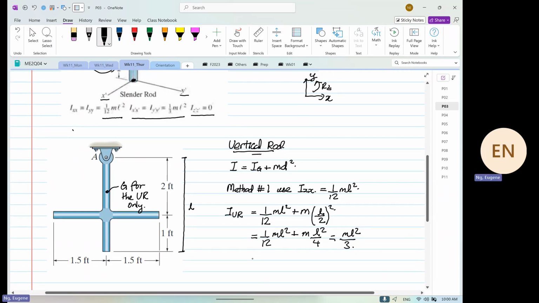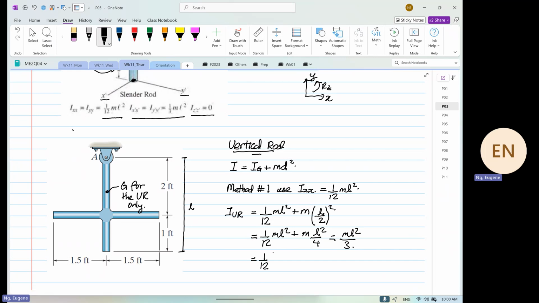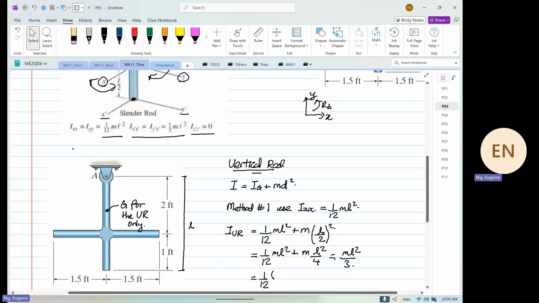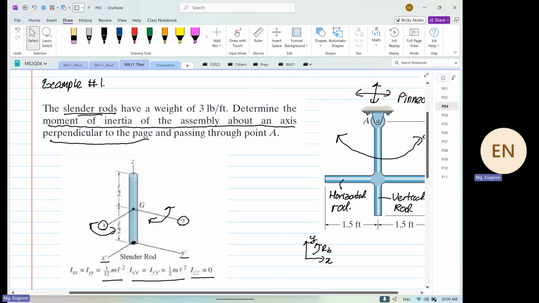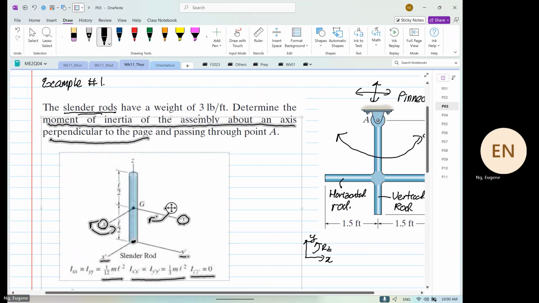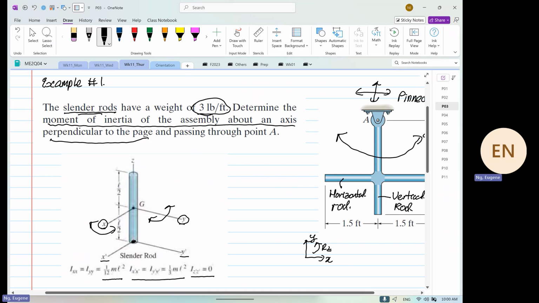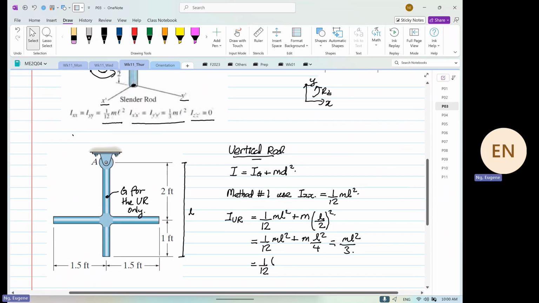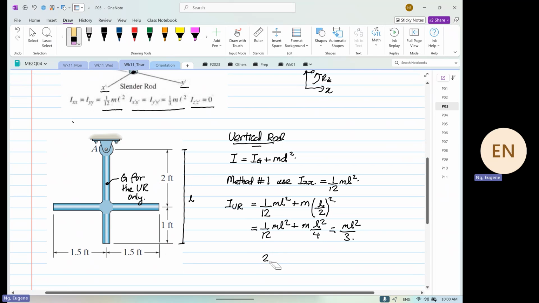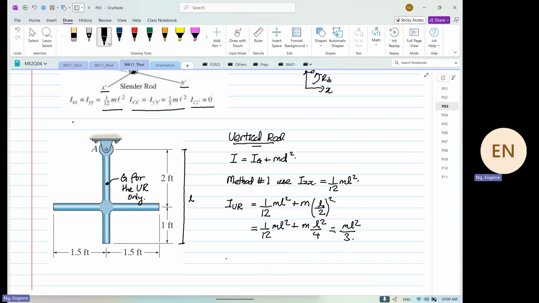So if we were to use the original formula, 1/12, what is the mass? We are given that the weight is 3 pounds per feet. I have to convert to mass. So we have to determine the mass of the vertical rod.